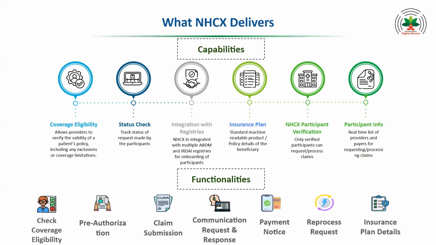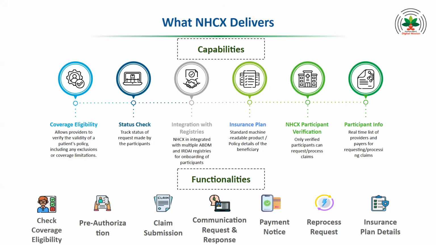That information is available in a standard FHIR format, so a hospital gets to know that a service is available and that the policy can be claimed for a particular patient. For example, some policies might not have dental cover, and the hospital will not know whether dental cover is there or not. Using fetch insurance plan, they can get the information on what is covered or not and the limits attached to it.